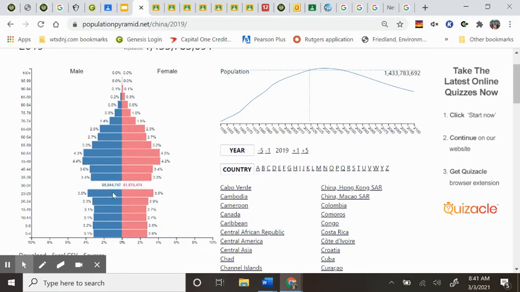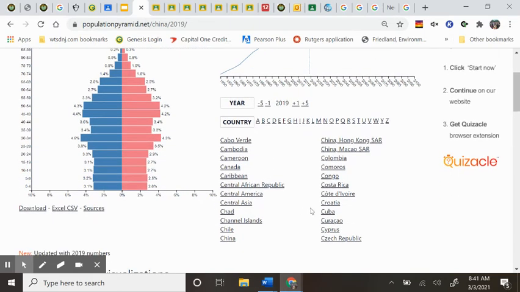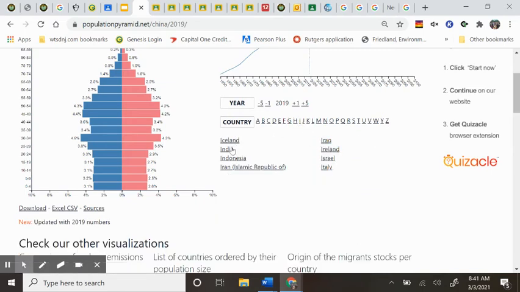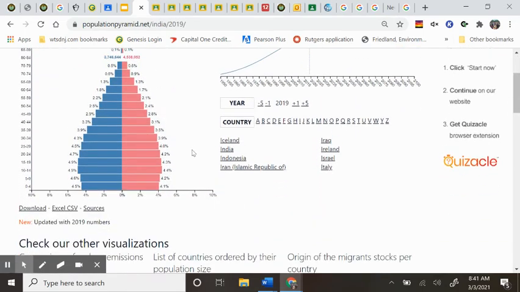Let's look at India. What does this tell us that's happening to India? If I looked at this a couple years ago, it would show real growth. But now that it's tightening down here, it's probably stabilizing. So that's quite interesting to see in India.